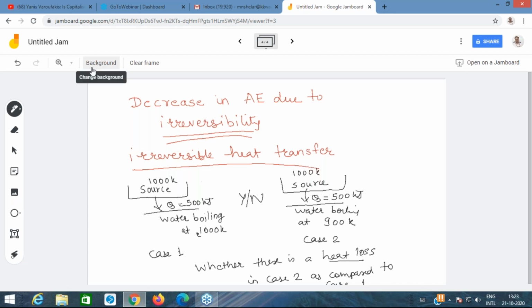I hope you got the question. It is very simple: the source is at 1000 Kelvin and there is a heat transfer of 500 kilojoules to water. The second case is the source is at 1000 Kelvin and there is a heat transfer of 500 kilojoules to water. My question is whether there is a heat loss in case 2 as compared to case 1.